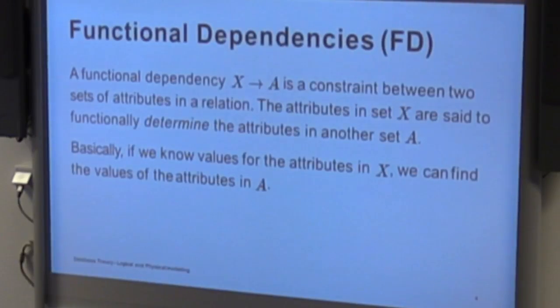And for those of you who have been studying this before, usually you want some of your attributes to be determined by, or dependent on, your key, and that is what they are usually talking about in these relations.